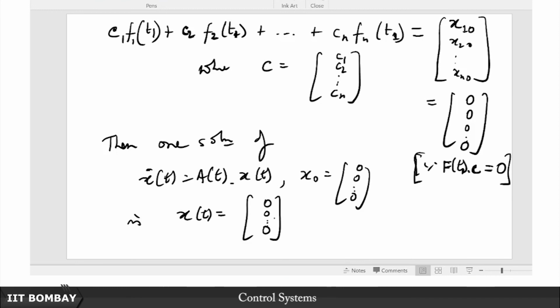but I have shown you at least that if you choose this particular thing as your initial condition, and this can be chosen as an initial condition, because after all these are all candidate solutions of the differential equation, that is x dot is equal to A xt. So this can be a system trajectory that passes through this point, and once it passes through this point, that is equivalent to nothing but the origin.